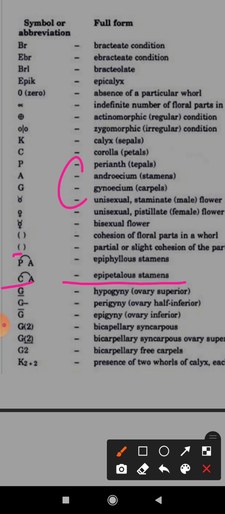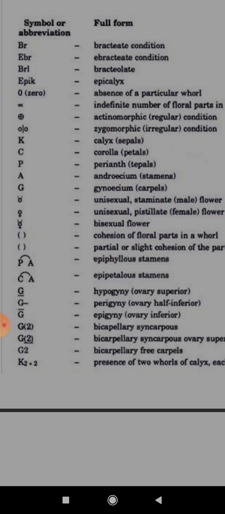So corolla, and after corolla comes the androecium, right? Now if the androecium is showing an epipetalous condition, that means the androecium is fused to the petal, then we represent it with an arc above, joining A to C. Now this condition shows that the stamen is epipetalous, right? All right.